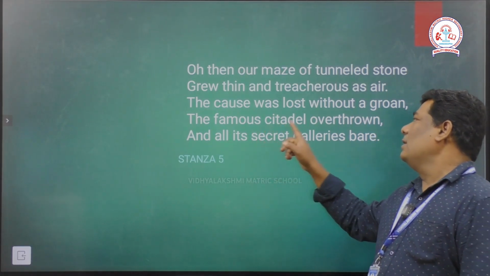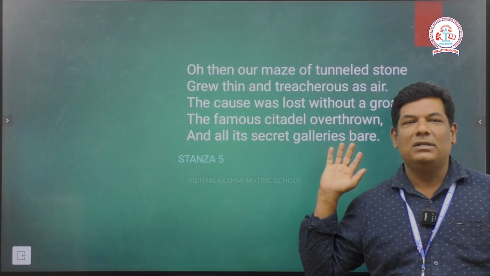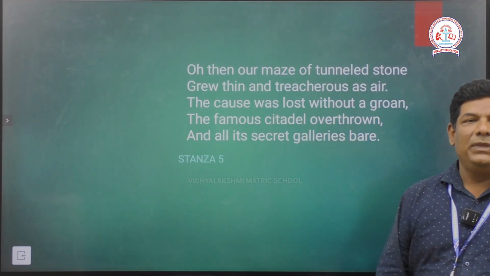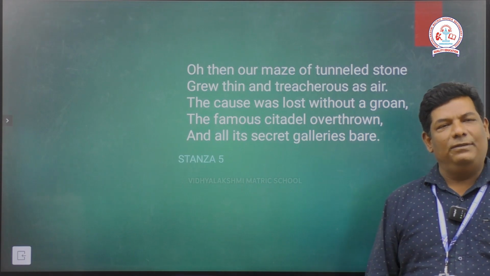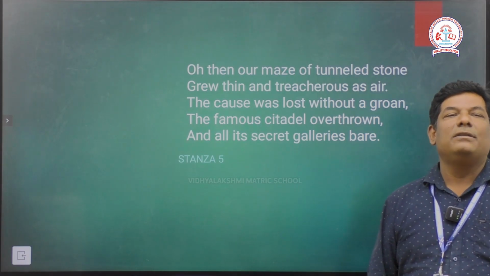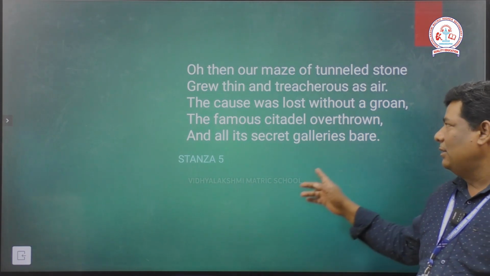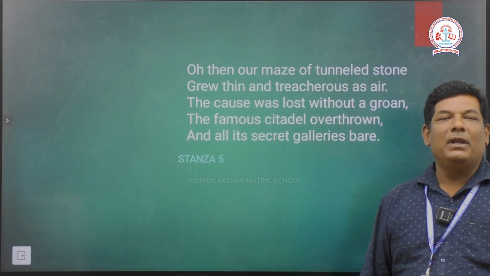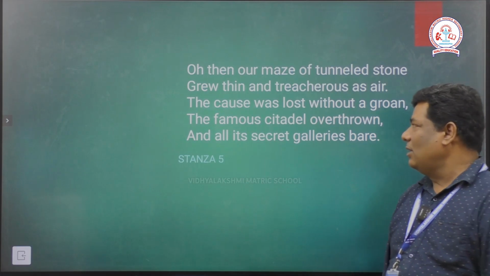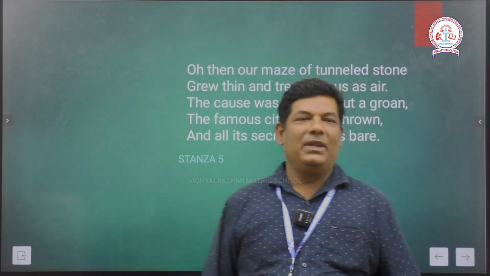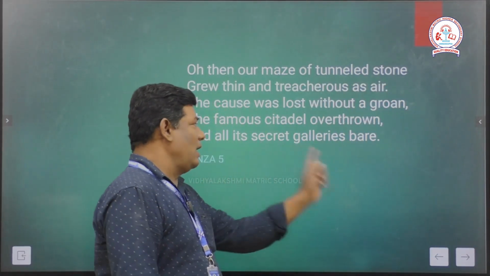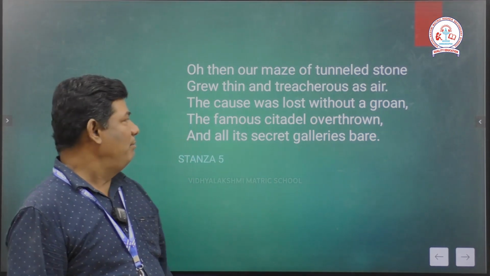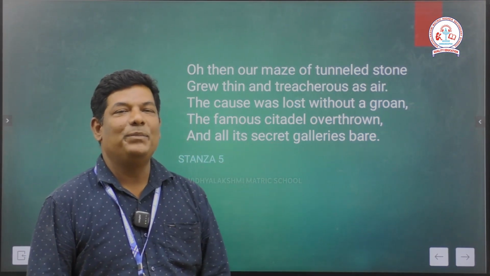The famous citadel overthrown. Citadel is also a fort. So overthrown means defeated. What is defeated? The citadel is defeated completely. It's a very famous citadel. It is completely defeated by the enemies. Here all the soldiers are defeated. And all its secret galleries become bare. Bare means empty.